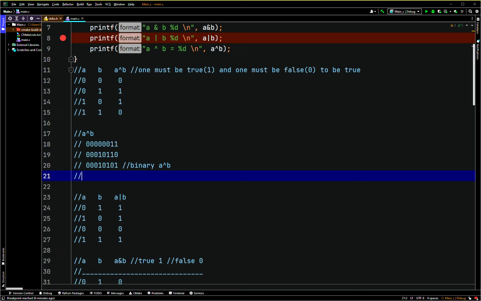And lastly, we're going to have to convert that back to base 10. So we're going to have 1 times 2 to the power of 0 plus 0 times 2 to the power of 1 plus 1 times 2 to the power of 2 plus 0 times 2 to the power of 3 plus 1 times 2 to the power of 4.